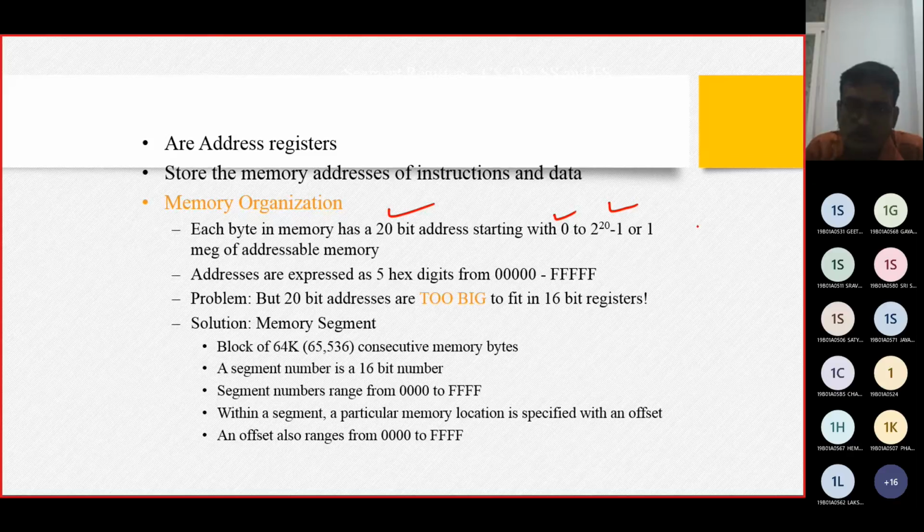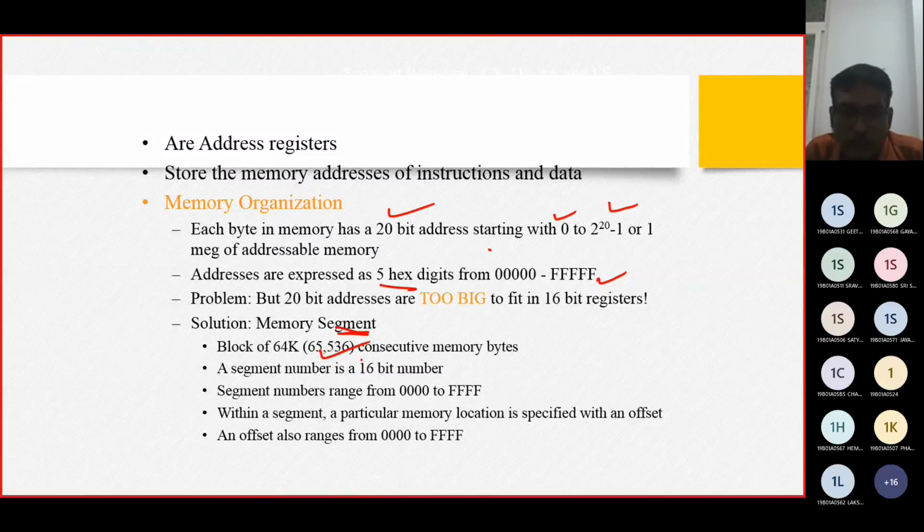It can be extended to 5 hexadecimal digits, that is five zeros at the start, and with all ones it will be FFFFF.